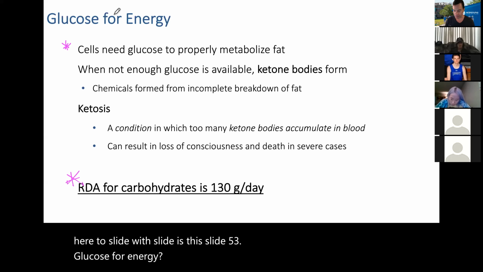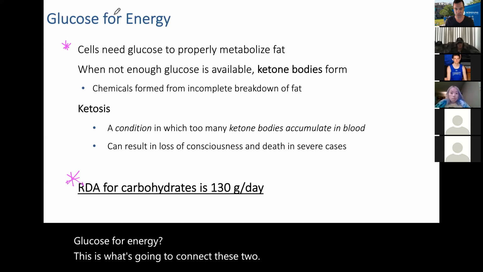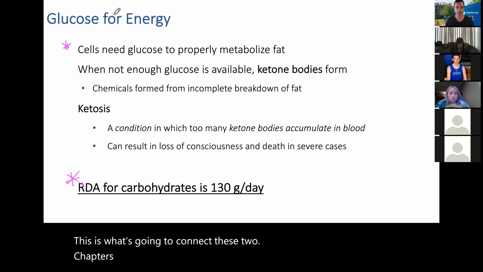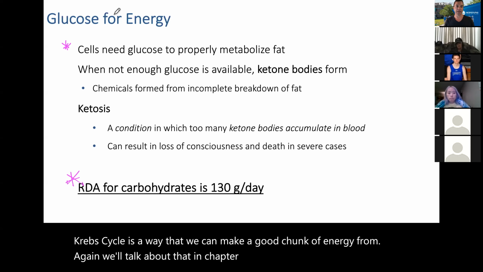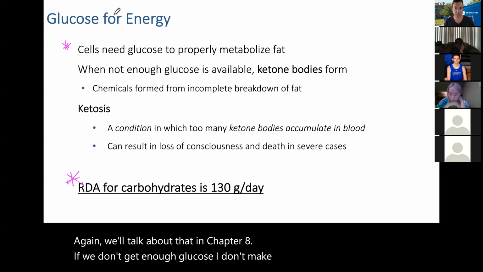This is what's going to connect these two chapters. We need to make intermediates in the Krebs cycle. The Krebs cycle is a way that we can make a good chunk of energy. Again, we'll talk about that in chapter 8. If we don't get enough glucose, I don't make the intermediates.